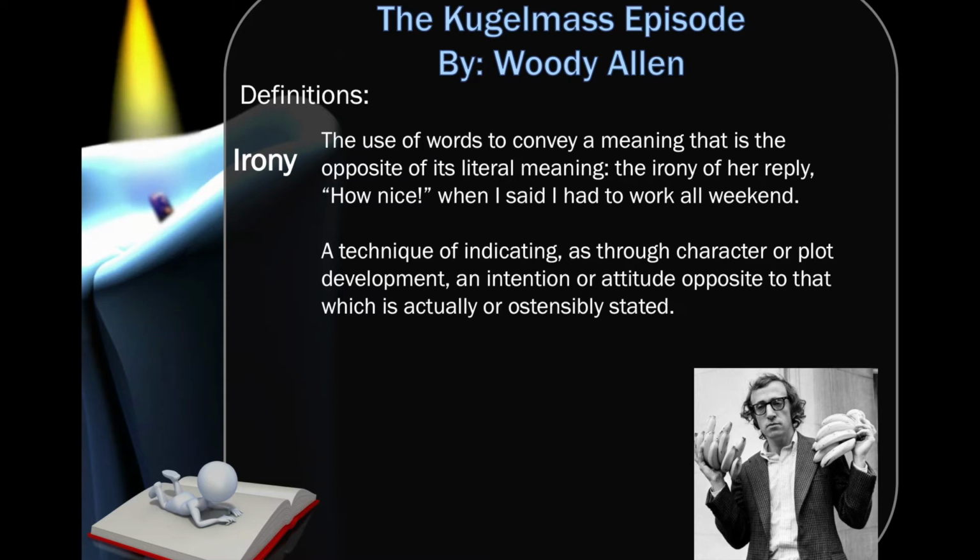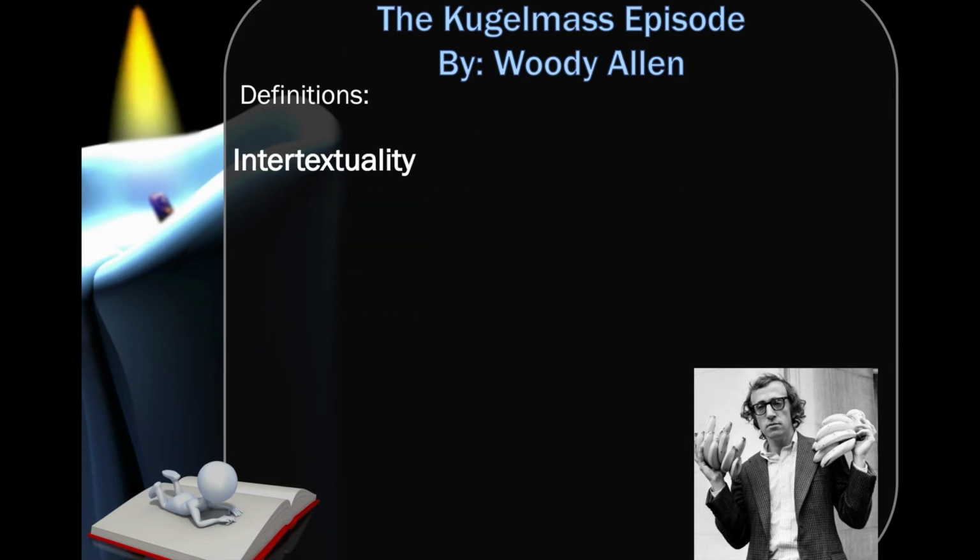Something like that, the opposite of what's expected. And what you want to think is, why does the author use irony here? What could he be trying to convey? He, Woody Allen, the author of our first story.